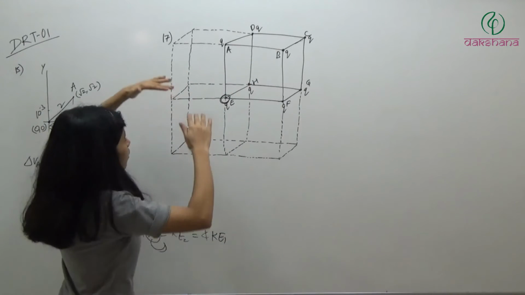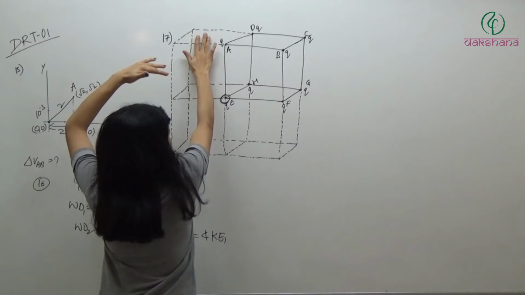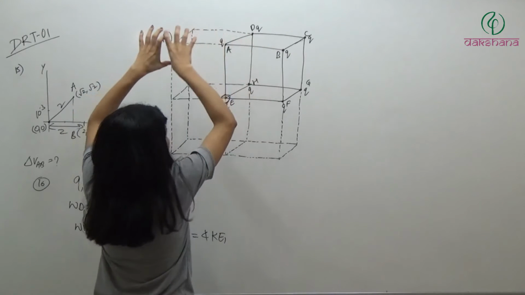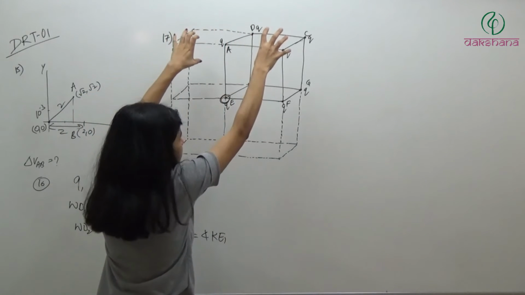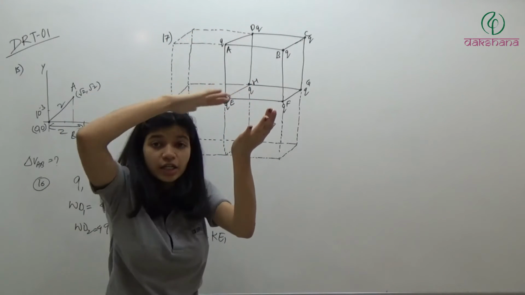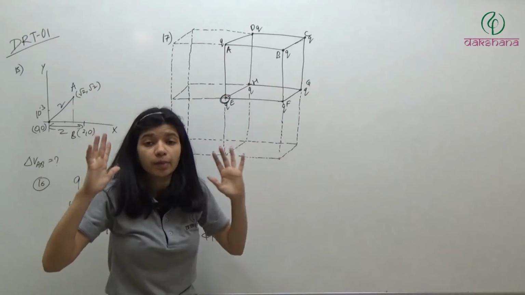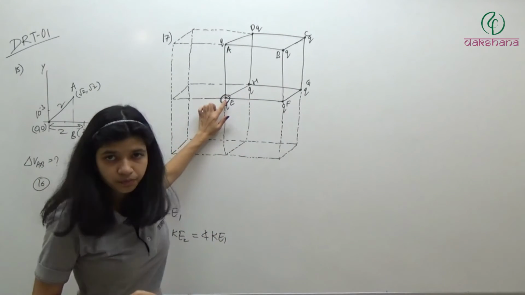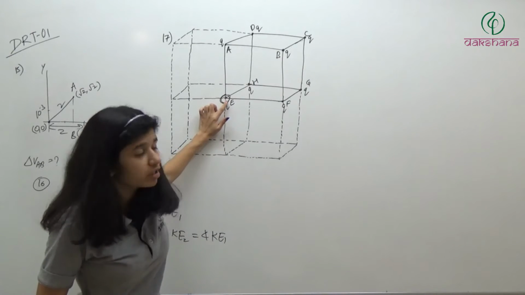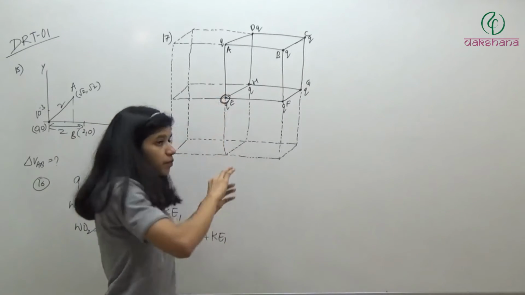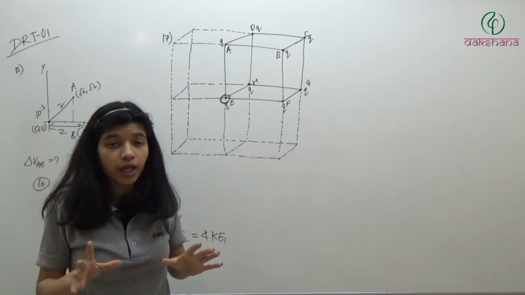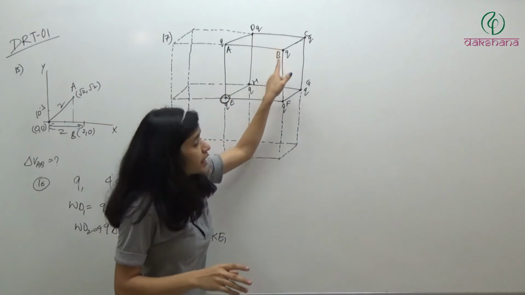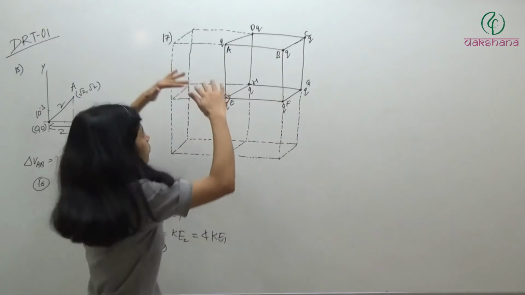So if you see here, we will have this surface, and again here one surface, here one surface. So on the center of the top face of the new and bigger cube we have this charge. So this charge is kept on the bigger cube. And ABCD is 1/4 part of this face.